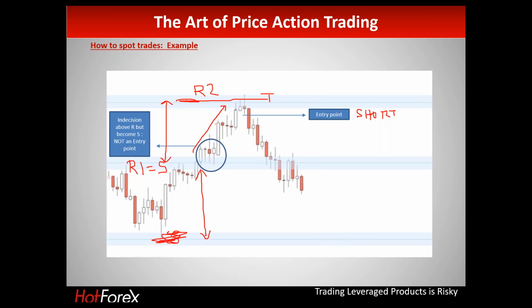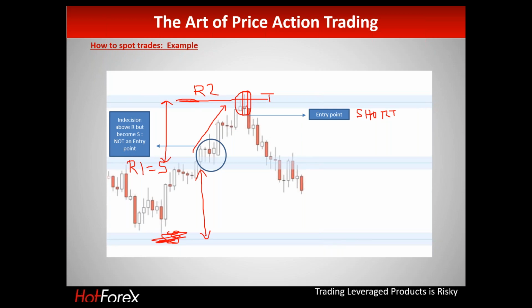It struggled once, twice, three times, and at that level it gave me an indecision signal: small body candles, long tails above and below. So indecision, after a preceding trend.